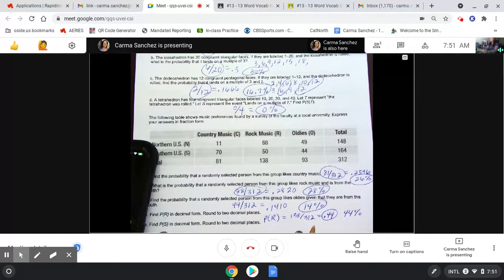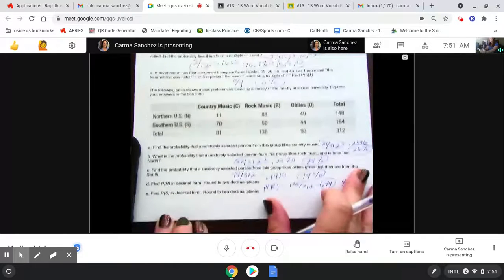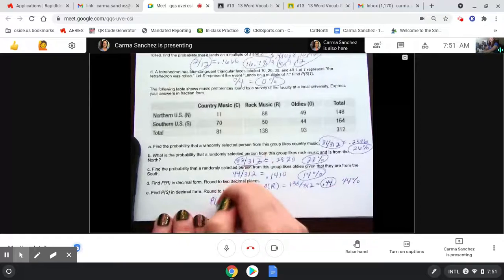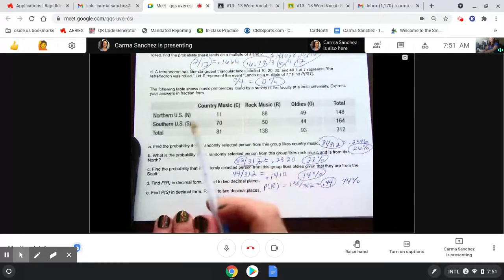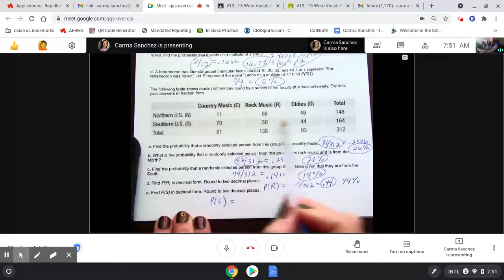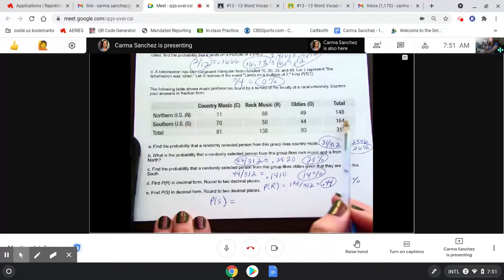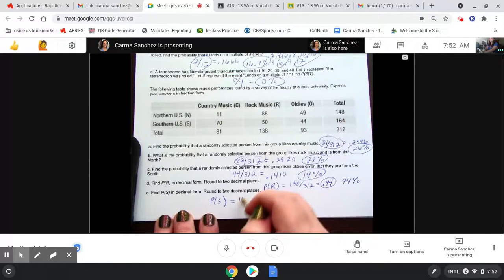P of S is the probability that they are from the South. See how they give us these letters? So P of S is equal to, we go all the way across this time to the South, 164 of the total people surveyed were from the South out of the total survey.